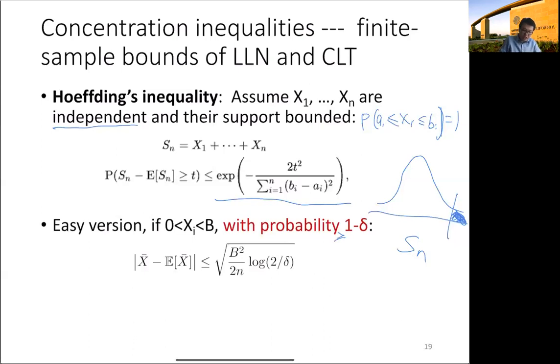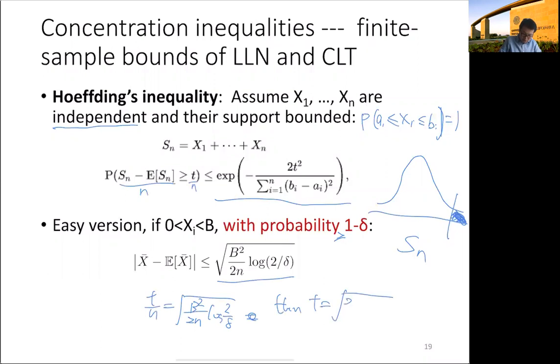So how do we check this? Basically, let's first divide this by n. If t over n is equal to square root of b squared over 2n times log 2 over delta, then t is equal to the square root of n times b squared over 2 times log 2 over delta.